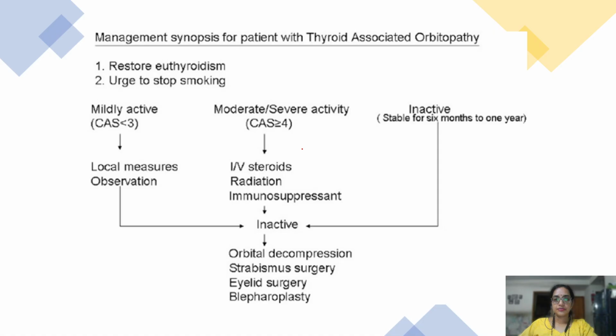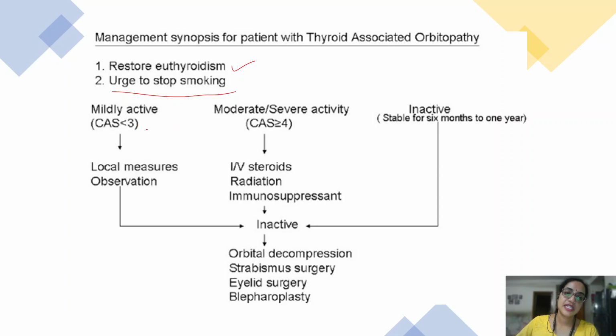Okay. So how do you manage? So it is based on the clinical activity score. First important point is if the thyroids are high, get it controlled with the help of an endocrinologist. There is an urgent need to stop smoking. Smoking is a very, very important risk factor for progression of thyroid orbitopathy.